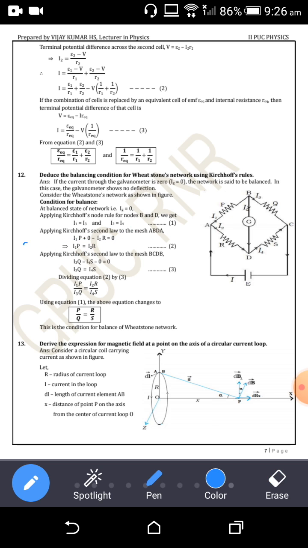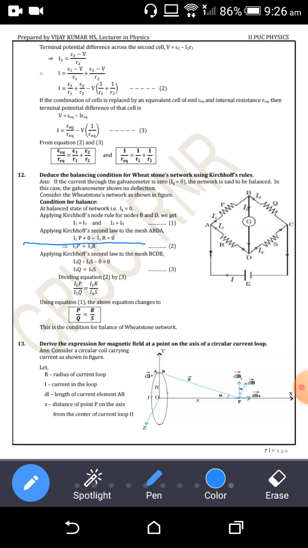Next, we move along the direction of current from B to D, so you can write Ig into G, where Ig is the current through the galvanometer and capital G is its resistance. But here they have taken it directly as 0, since at the balance condition the current through the galvanometer is 0, hence they have left it out.